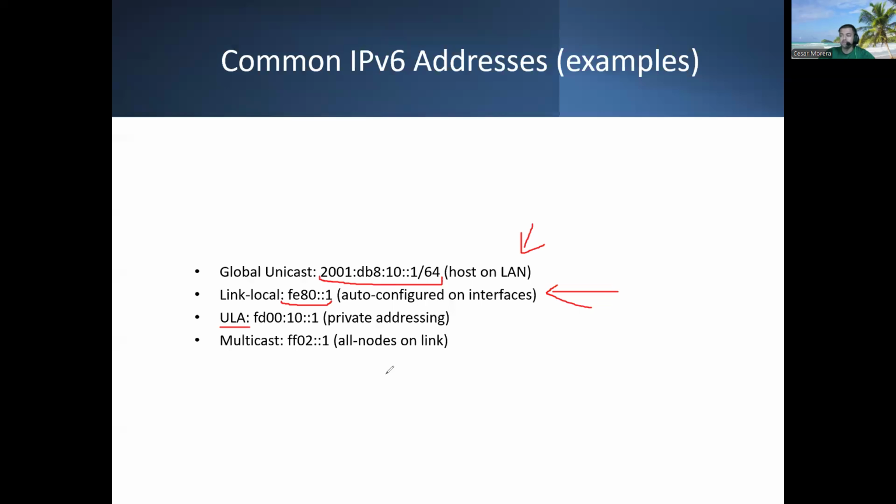We have the unique local address, which is private addressing. In this one, the example is FD00:10::1. And finally, multicast, FF02::1, all nodes on a specific link. That's basically it. Let's continue moving on.